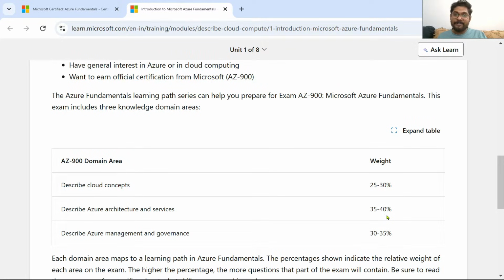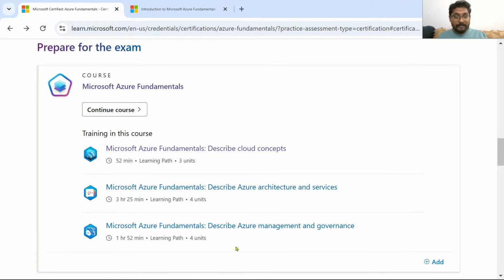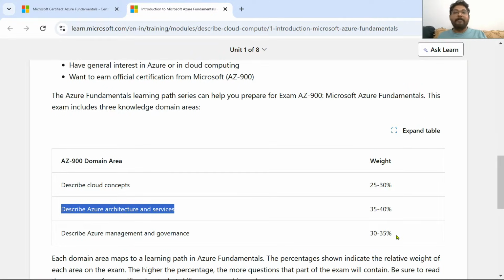Do you see 40%, around 35 to 40%. So this is a very important topic for your exam. 35 to 40% of your exam questions would be from this topic alone. Now the third topic, describe Azure management and governance: from this, 30 to 35%.